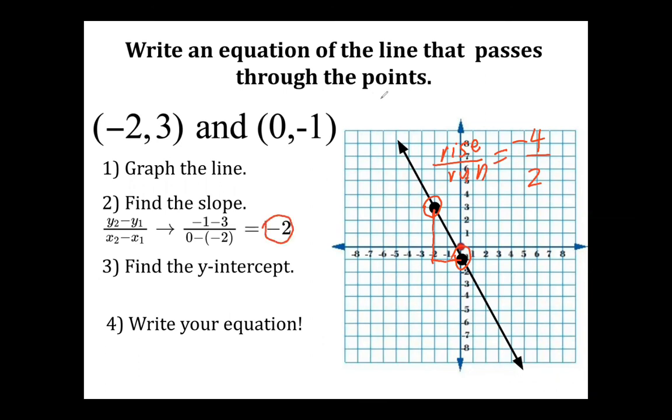So now that you have your slope, go ahead and find your y-intercept, or where your line crosses the y-axis, and that happens to be -1. So now that you have both of your components, you can go ahead and plug this into y equals mx plus b, with m just equal to -2, and your y-intercept being -1. So your final equation will be y equals -2x minus 1.